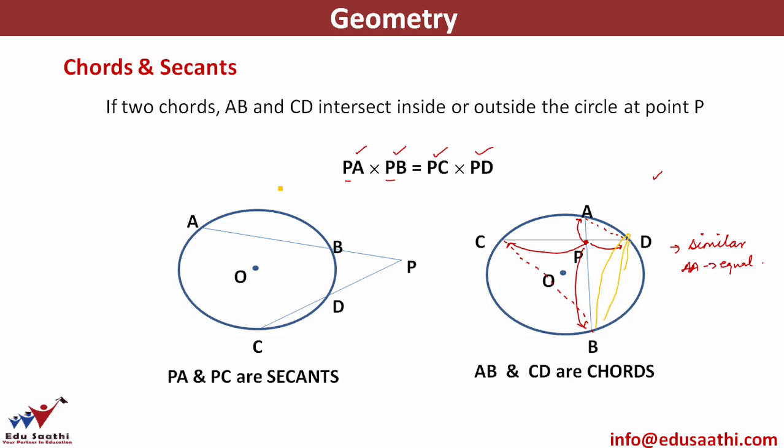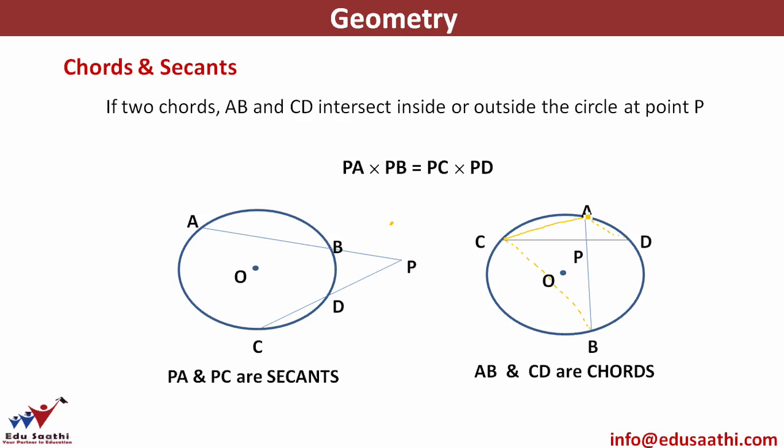Let me erase this and draw it again. So if I just join AC instead of BD now, and I join these two, these are the two triangles that I have to prove are similar.